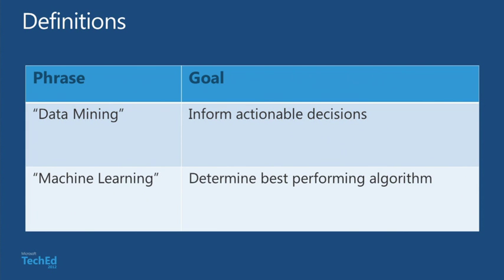Machine learning has a slightly different goal, and that is to determine the best performing algorithm. That might be a subset toward informing actionable decisions, but that's not the same type of thing. So often people that come out of the machine learning mentality will have an idea of which algorithm is their favorite or which one they think is the best. I like to compare it to the knife, the spoon, and the fork. If you only had to pick one to eat with, which one would you eat with?